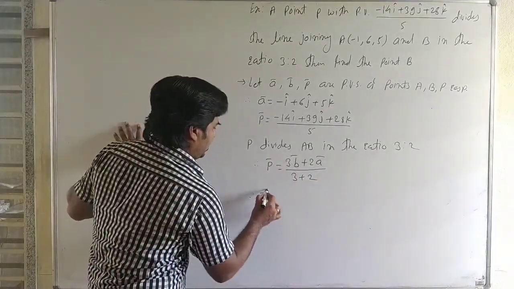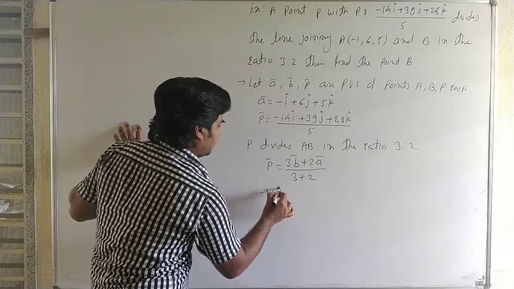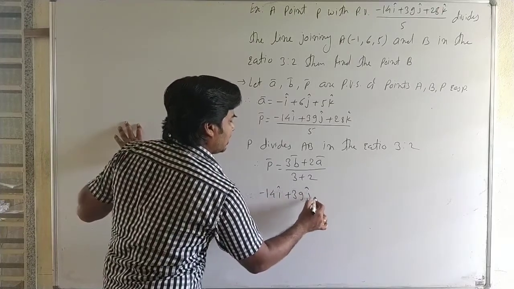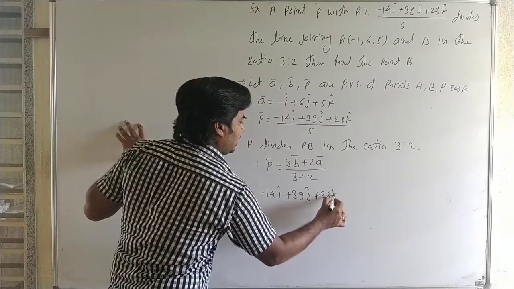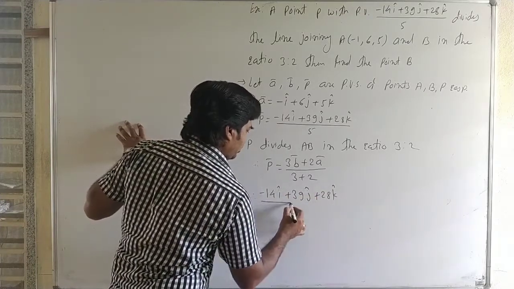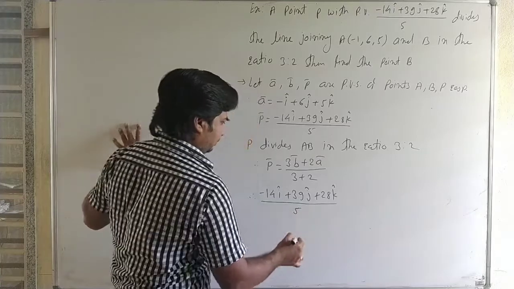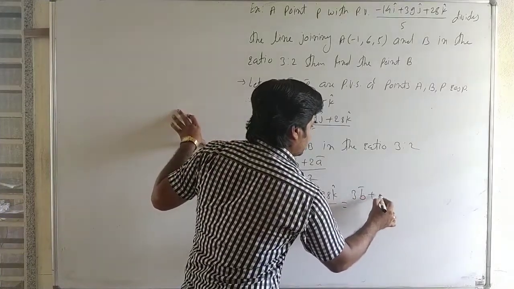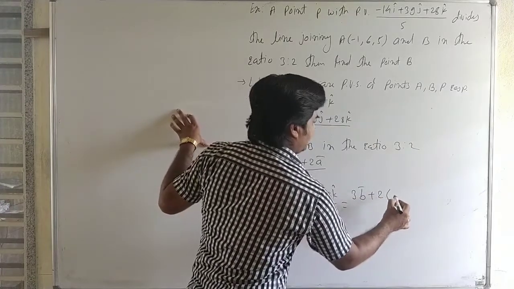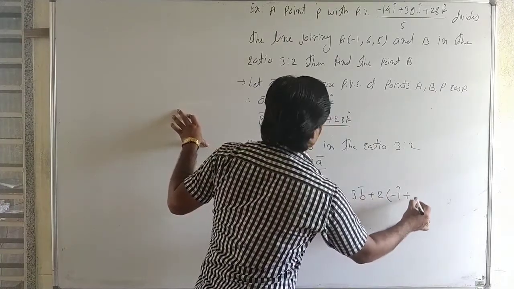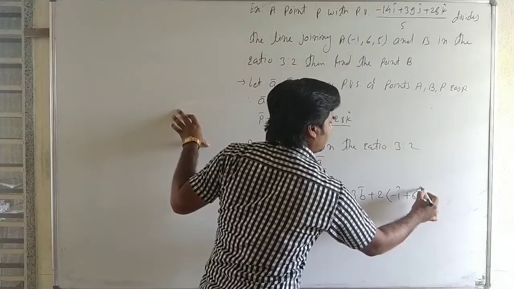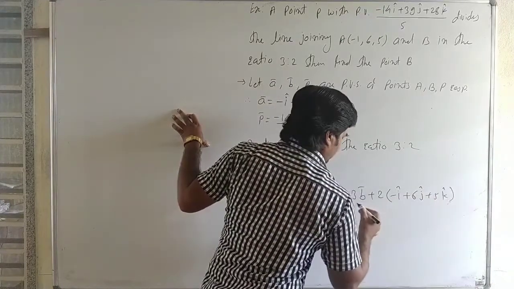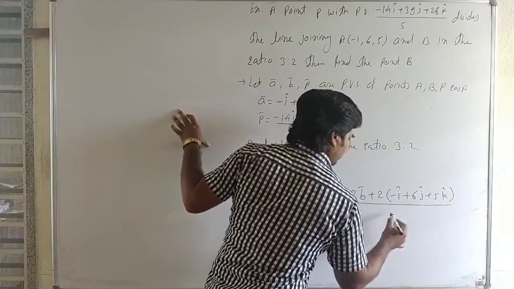Put all the values. P bar is minus 14 I cap plus 39 J cap plus 28 K cap, whole upon 5, is equal to 3 into B bar plus 2 into A bar, where A bar is minus I cap plus 6 J cap plus 5 K cap, whole upon 5.